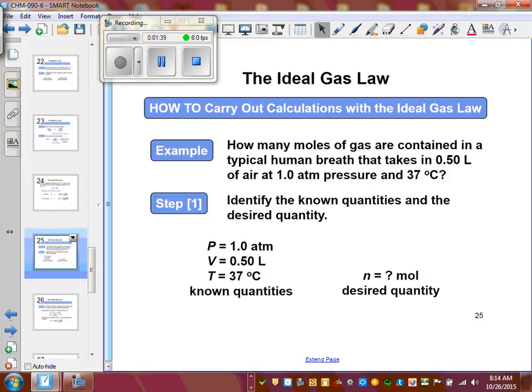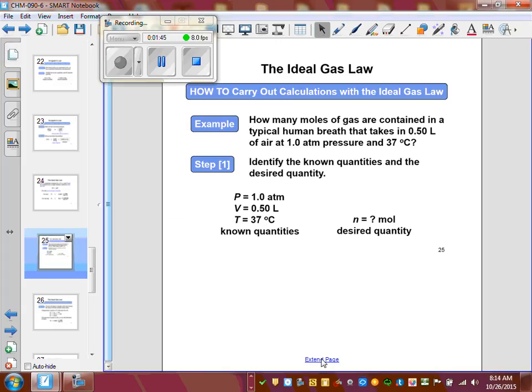So, looking at this problem: how many moles of gas are contained in a typical human breath that takes in 0.5 liters of air at 1 atmosphere pressure and 37 degrees C? Again, when you look at a problem, see what information you're given.